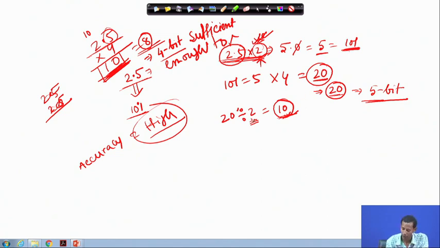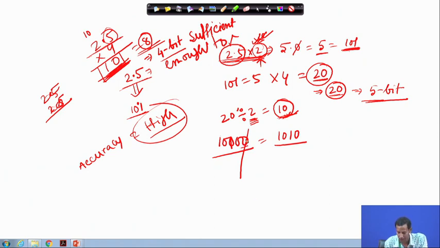Whenever we are dividing by 2, what am I doing? 20 is 10100, so dividing by 2 means I am just discarding the LSB, and I get the result as 10.